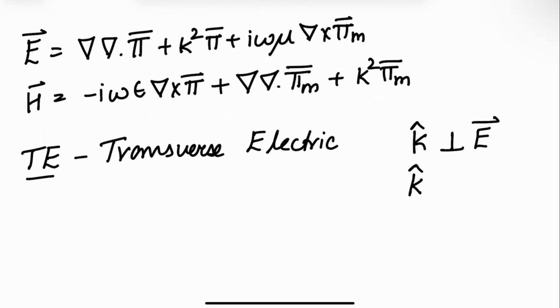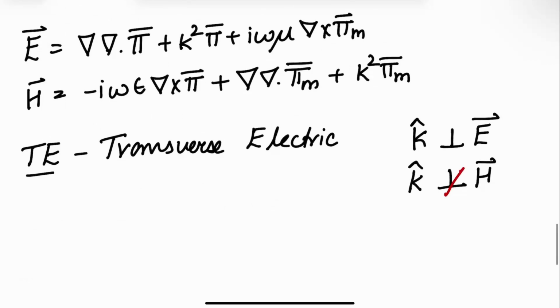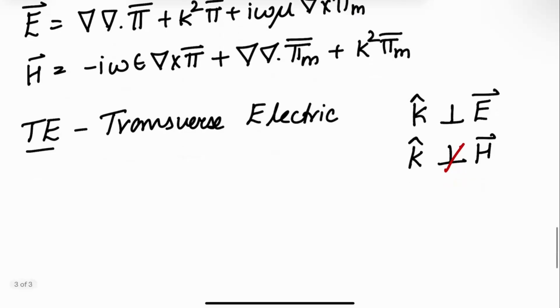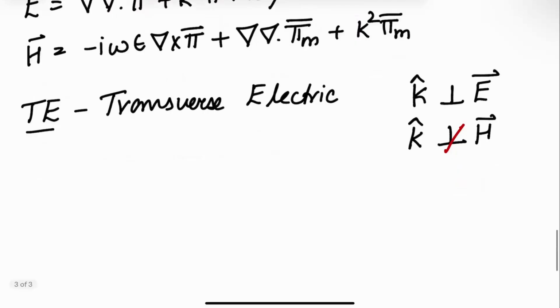And k hat is not perpendicular to the magnetic field. So the magnetic field has some component along k hat. And that's what transverse electric means. And transverse magnetic is the other case, where the electric field has a component along k hat and the magnetic field is transverse or perpendicular to k hat. So we'll start with the TE solution, the transverse electric solution, and see how we get there.